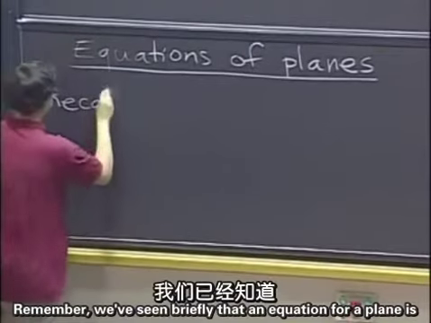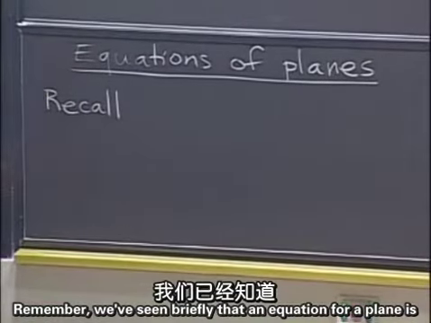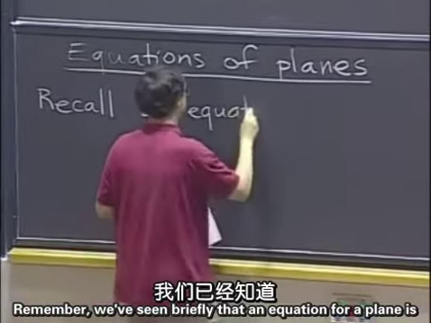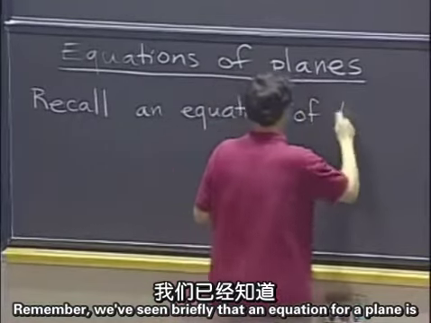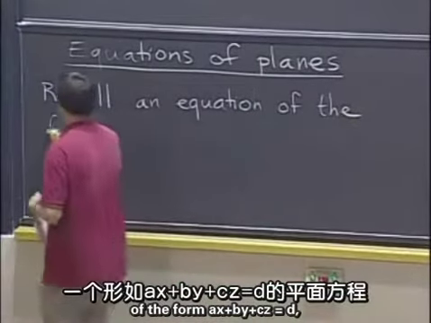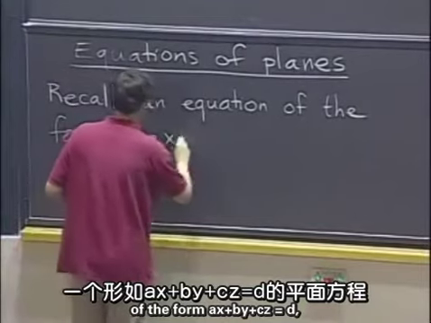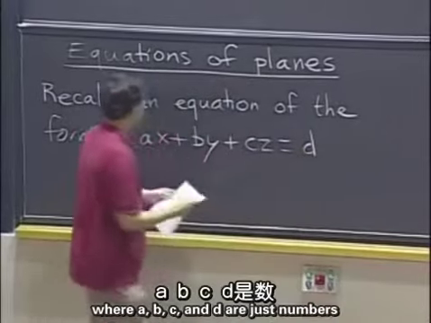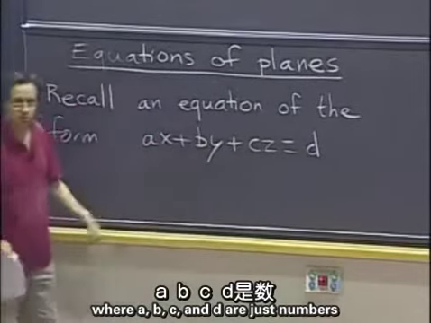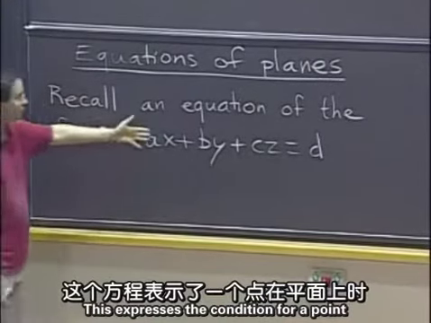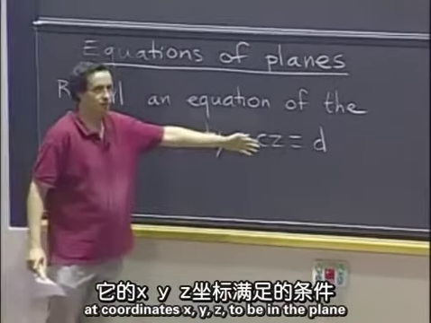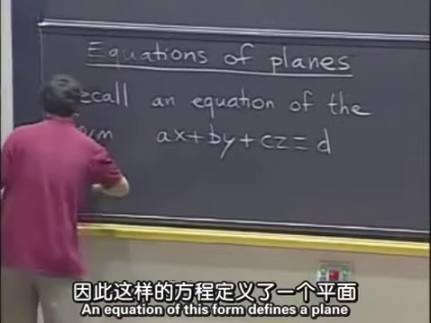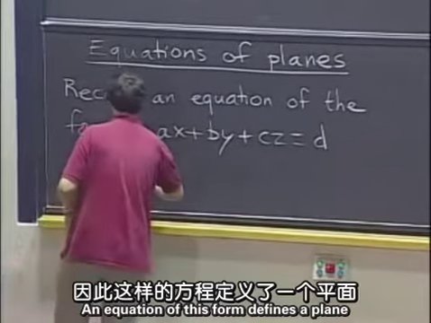Remember, we've seen briefly that an equation for a plane is of the form ax plus by plus cz equals d, where a, b, c, and d are just numbers. This expresses the condition for a point at coordinates x, y, z to be in the plane. And so an equation of this form defines a plane.